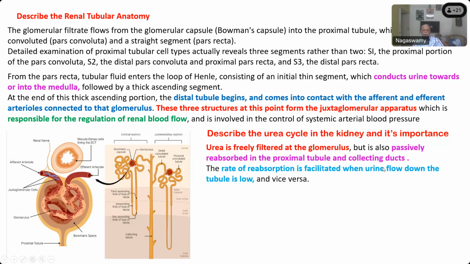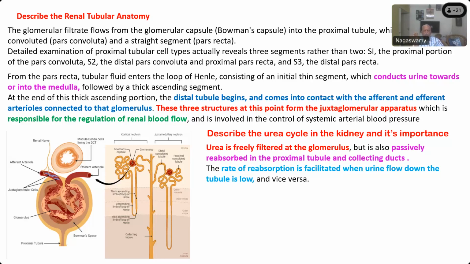The rate of absorption is facilitated when urine flow down the tubules is low and vice versa. So if you have a very slow flow and a small volume, more urea will be reabsorbed.